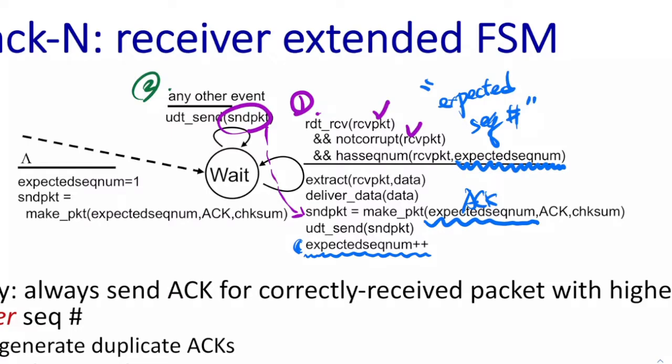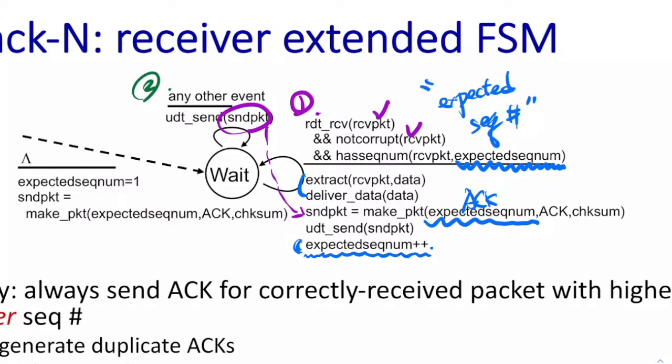So you extract the packet, you deliver the packet, and you send the ACK using exactly the same expected sequence number back to the sender. And of course you have to add 1 to your expected sequence number, because that is what you expect next time, right? So step number 1 is quite easy.